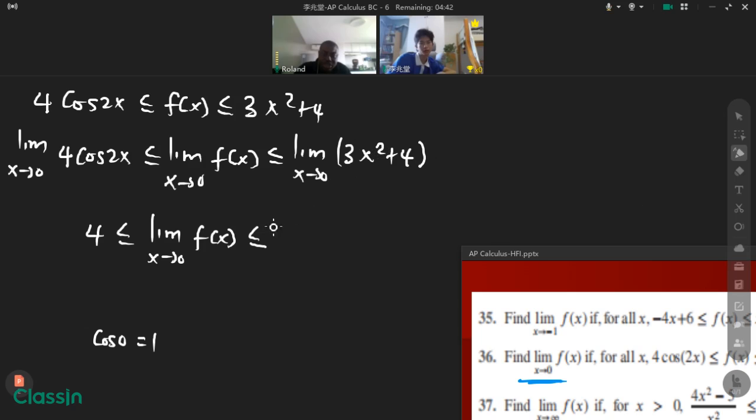As x approaches 0, the right-hand side becomes 4. So we can conclude that the limit as x approaches 0 of f of x is 4. Remember, if this number on the left was different from the number on the right, then the limit does not exist. So this limit is 4.